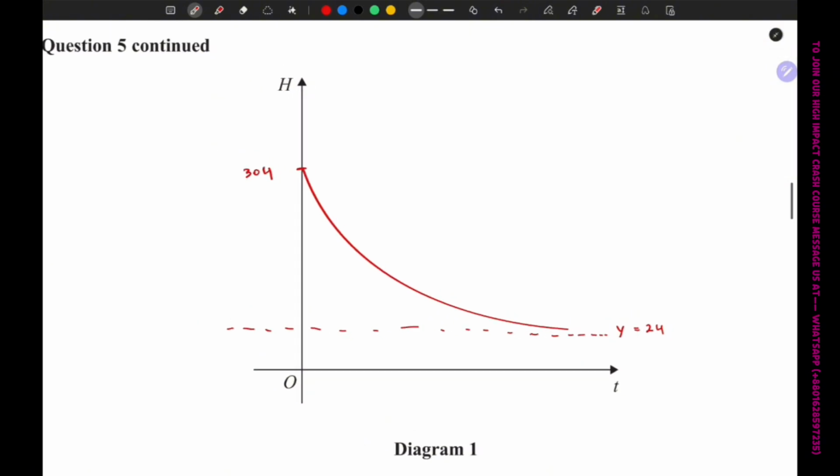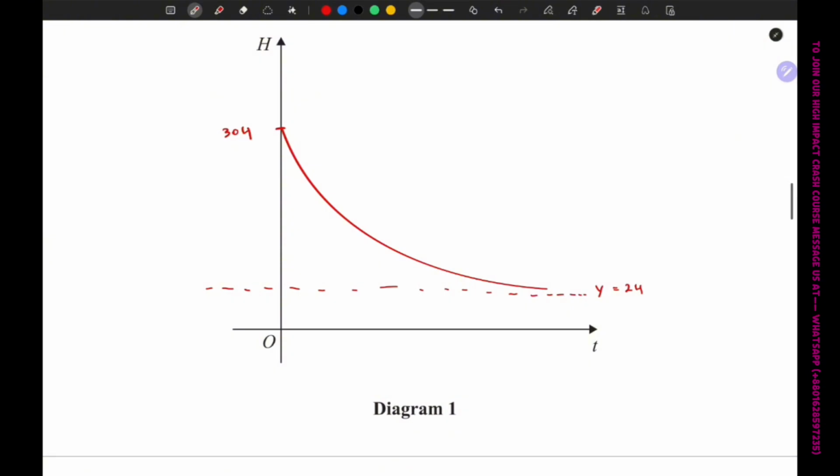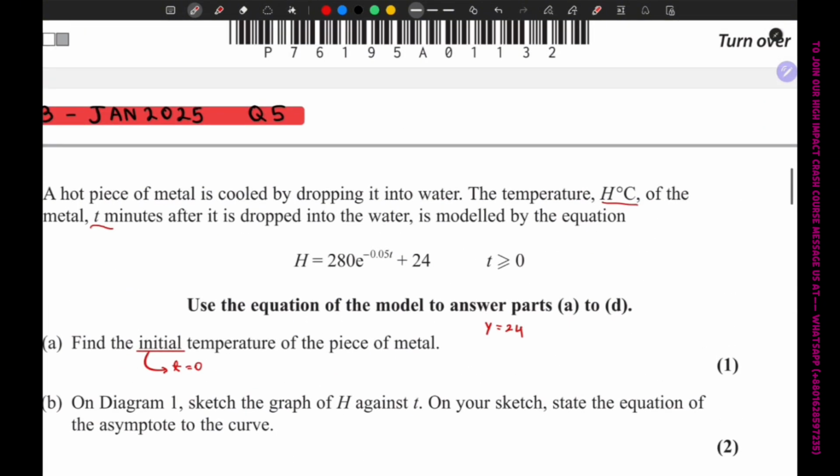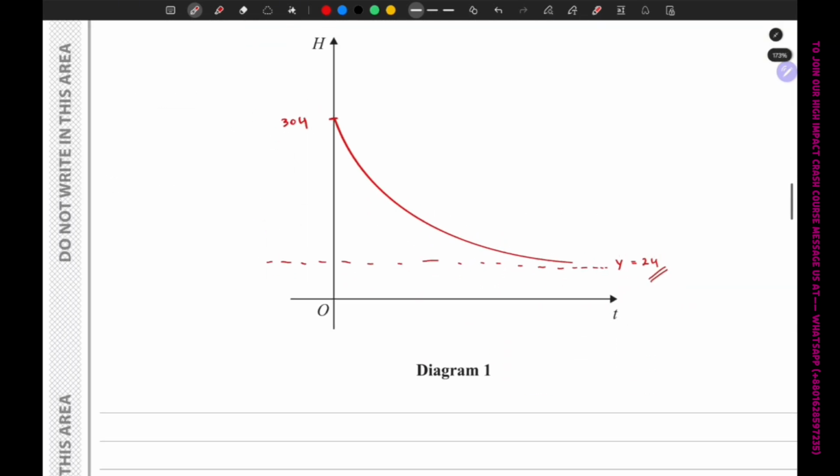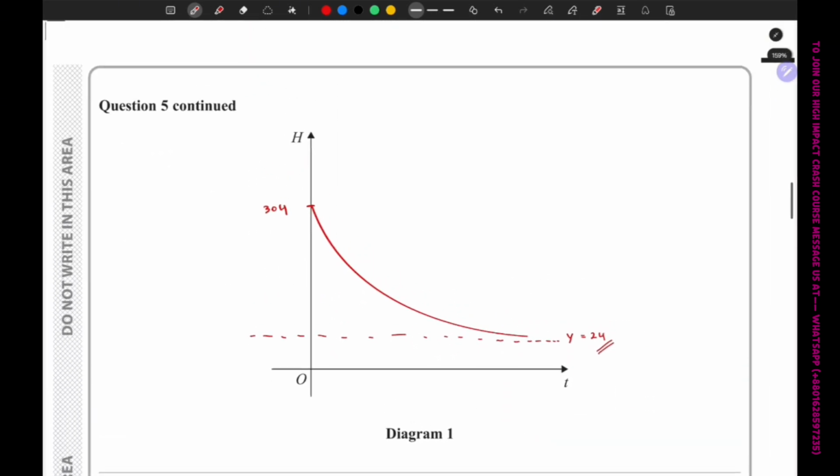Now as you can see, there are no values where t is less than 0 because time cannot be negative. And the horizontal asymptote is y equals 24 because there's a 24 at the end. So this is our final graph.